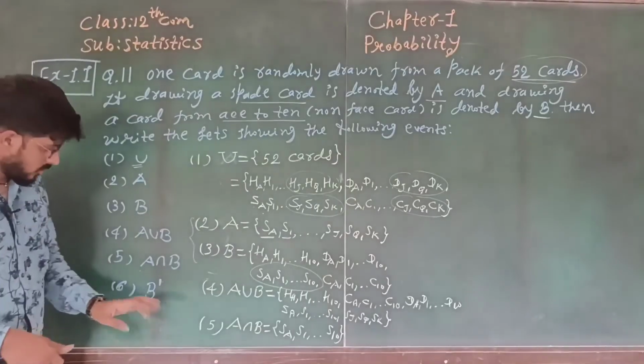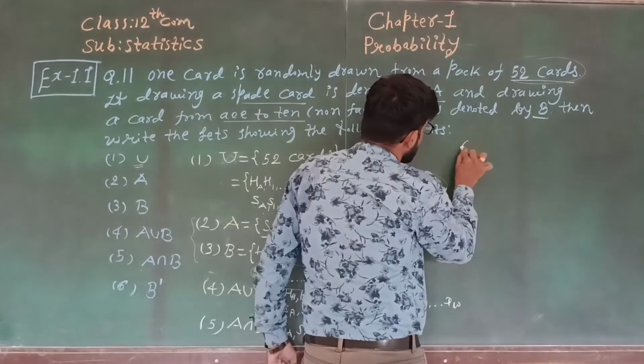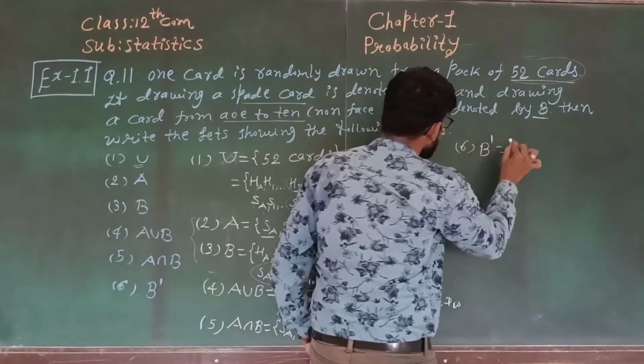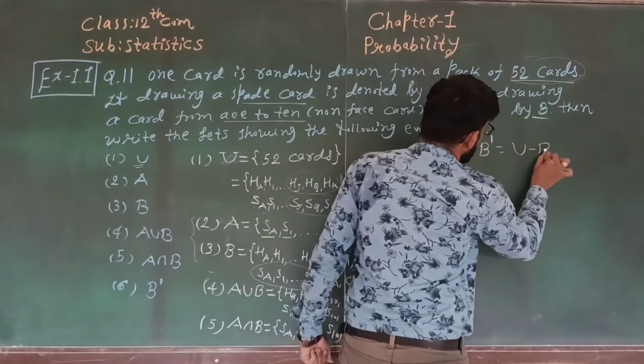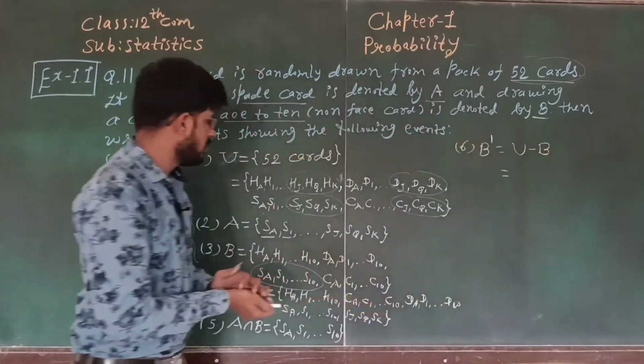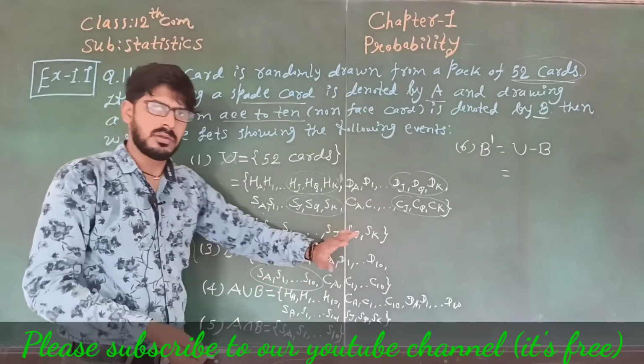And sixth number, B dash, it means we are going to find B complement. B complement means U minus B; we have to subtract B from U. B is given as the non-face cards, so we have to remove those 10 cards from each suit.